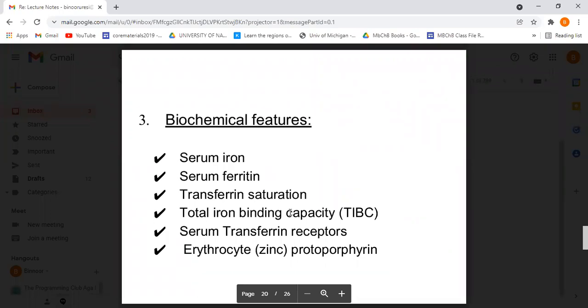You can also do the erythrocyte protoporphyrin, zinc protoporphyrin, because this is a component that's important in the formation of the iron found in the hemoglobin. So those are the biochemical tests you're going to do to check whether you have iron deficiency or abnormality in the metabolism of the iron. Next slide.